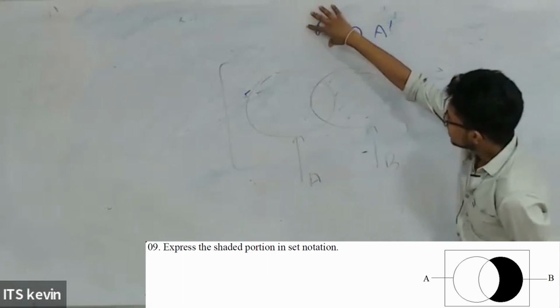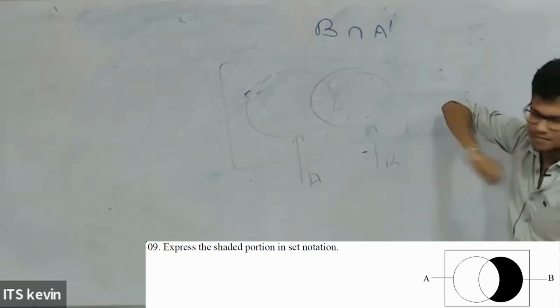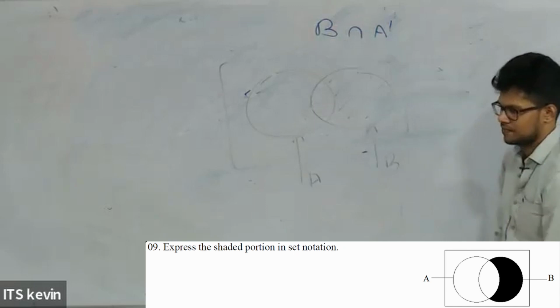It has to be on B and it cannot be on A. That's it. B intersection A dash.